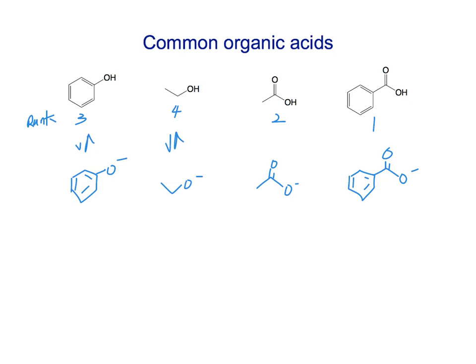Okay, so based upon our rankings, it says that ethoxide, right, the one right here is the least stable, right? So why is it the least stable? No resonance, right? Nothing else. The electrons are just localized onto that oxygen. Okay, so this is the least because there's no resonance.